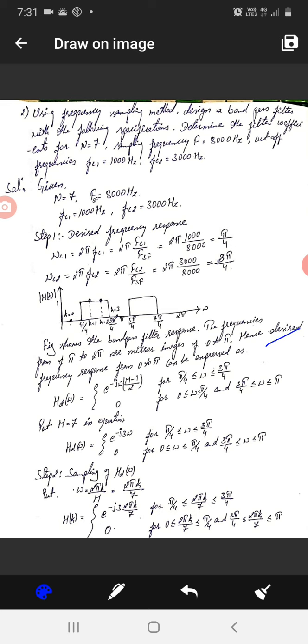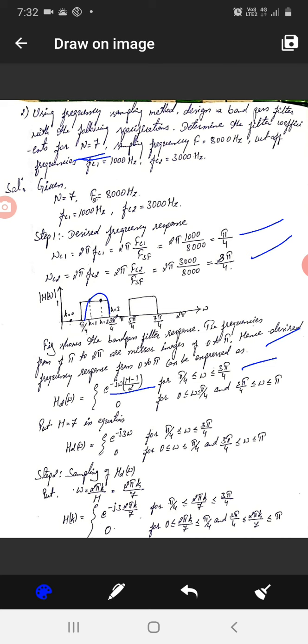Then the desired frequency response, Hd of omega, is equal to, observe here N is 7, for that reason it's an odd number, so e raised to minus j omega times (M minus 1) by 2. Here our omega is varying from pi by 4 to 3 pi by 4, only in this case.